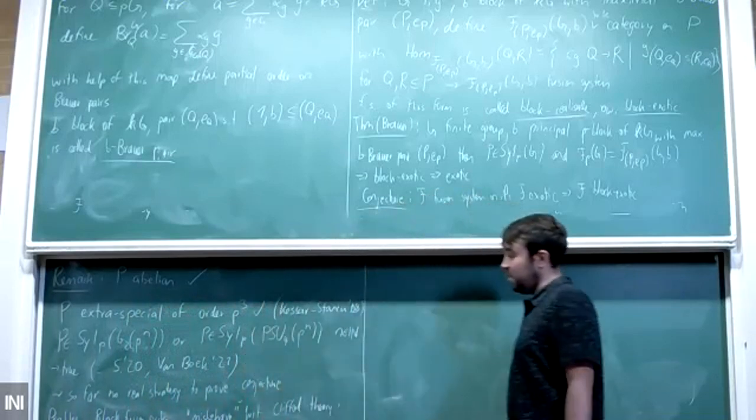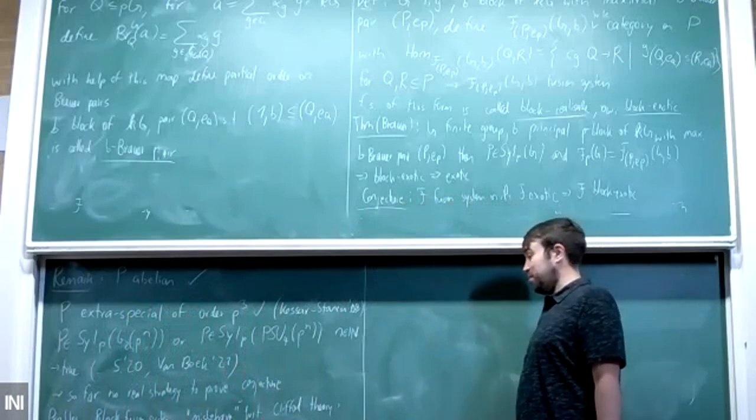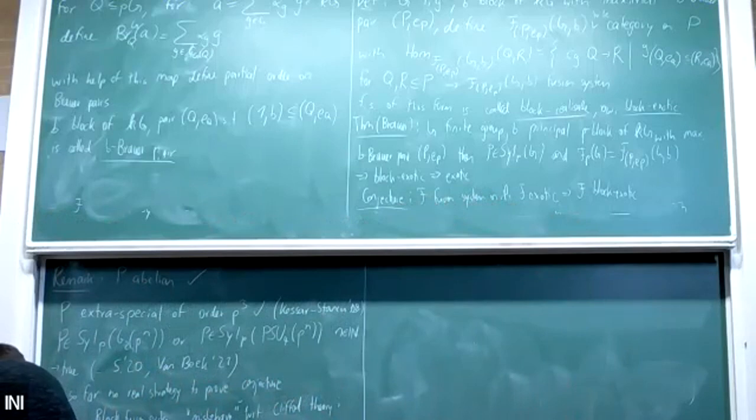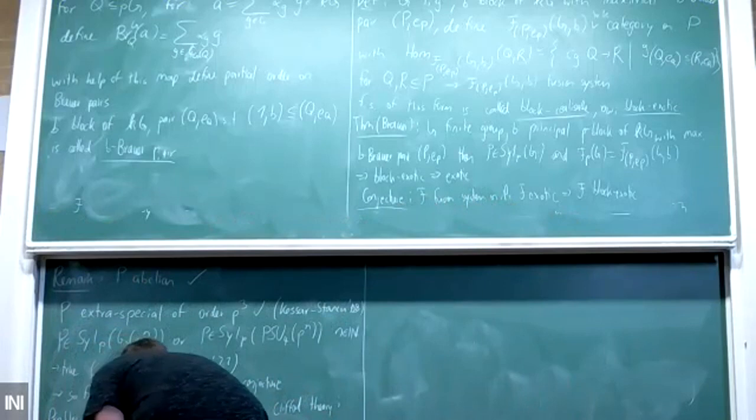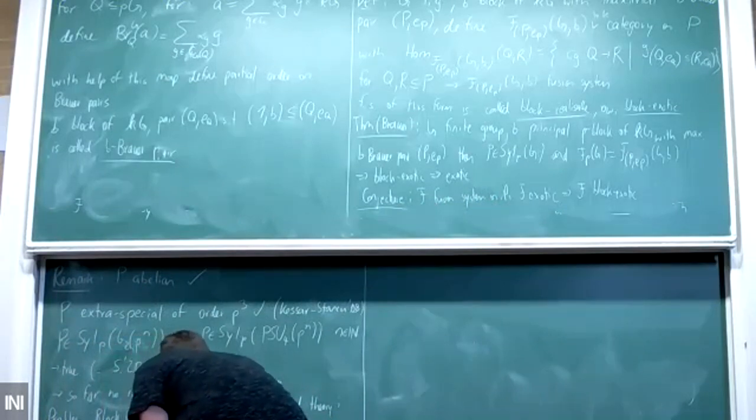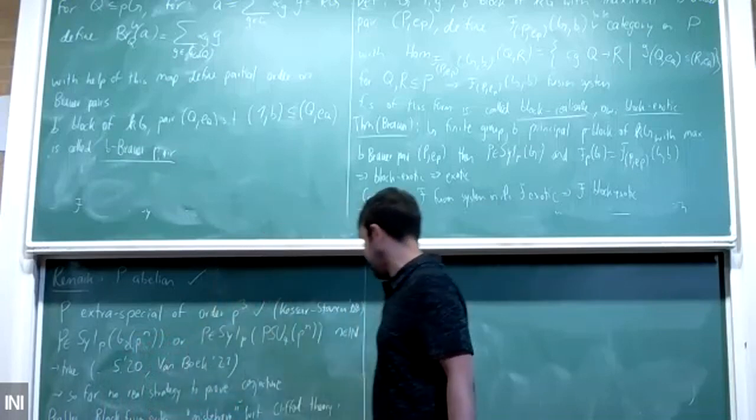So it's like the block of kG lying over the block of N, sort of. And so now if you take P, a defect group for B, then we have that P intersected with N is a defect group for C. So far so good.